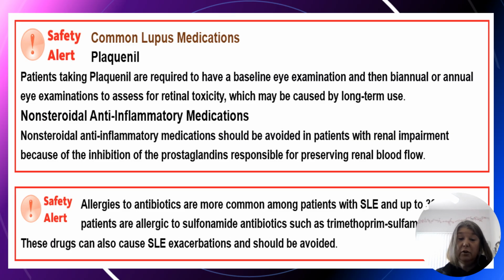This is a safety alert related to the common lupus medication Plaquenil. This is slide 53. Also, the NSAID alert is on here. Safety alert related to allergies and antibiotics. Most people with lupus are allergic to sulfa antibiotics. One of those is trimethoprim-sulfamethoxazole, but that's Bactrim.